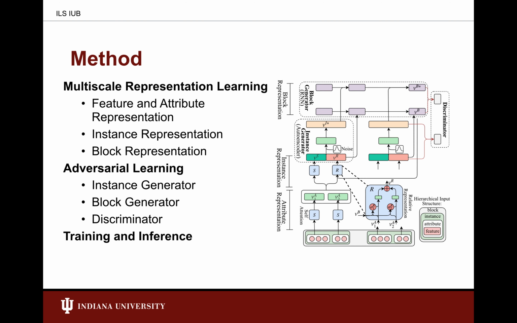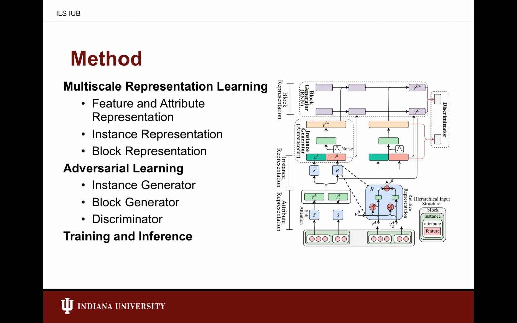The figure shown on the right shows the overall pipeline in our project to detect both instance and block level anomalies for a user log system. We can see that the input of the model is in a hierarchical structure, from feature to attribute to instance and to block level.